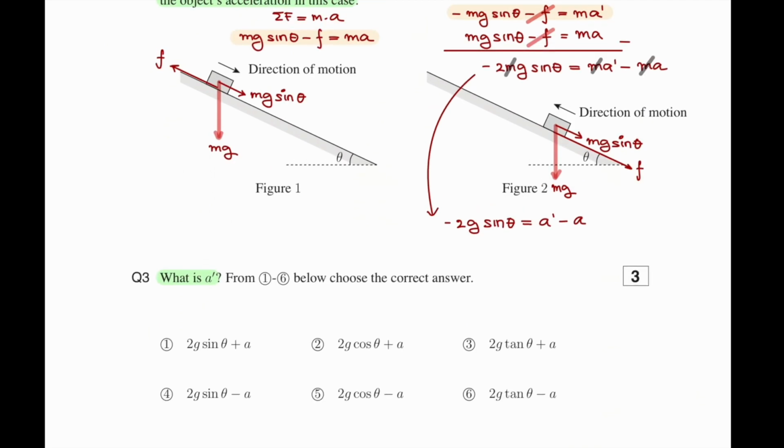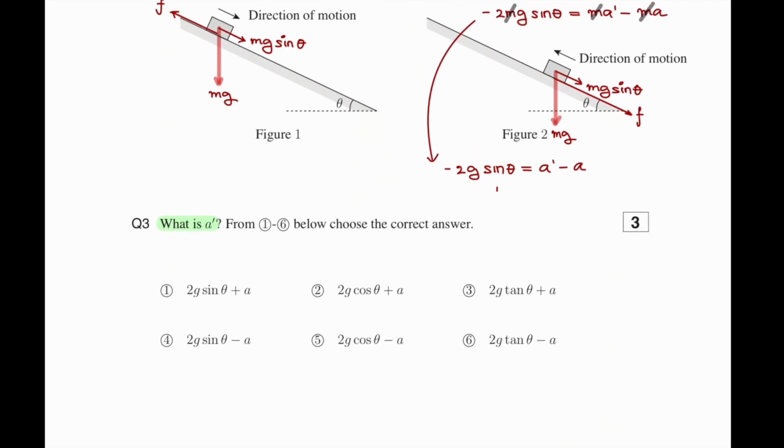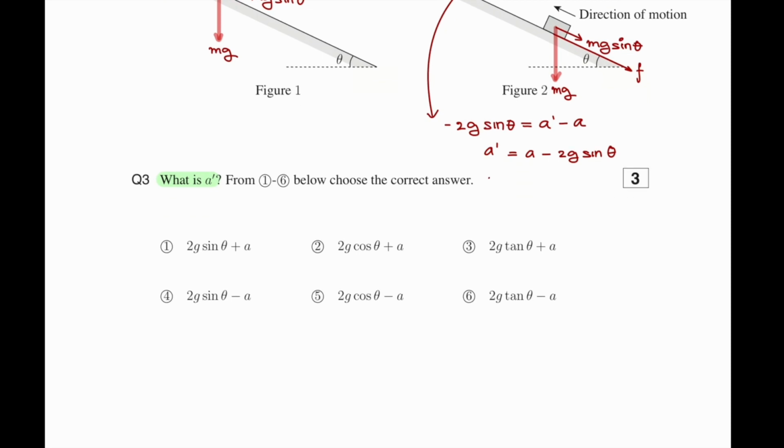My final answer is a prime equals a minus 2g sin theta. If you look at the choices below, you cannot find a minus 2g sin theta, but don't be confused. Just factorize the negative here, and then I will get negative of 2g sin theta minus a. So I think the correct answer is number 4.